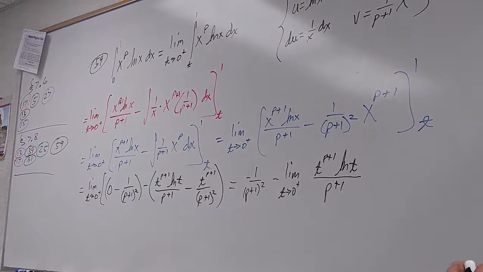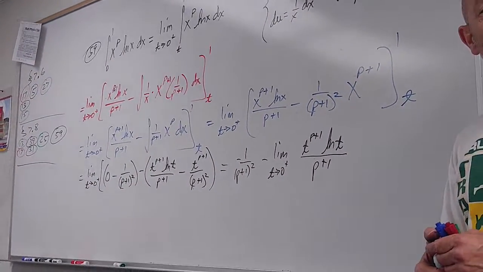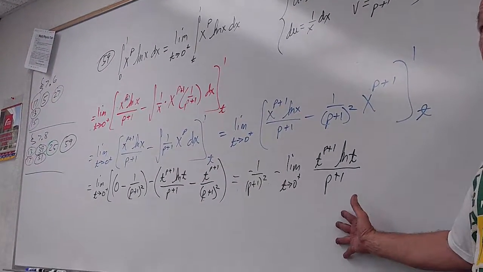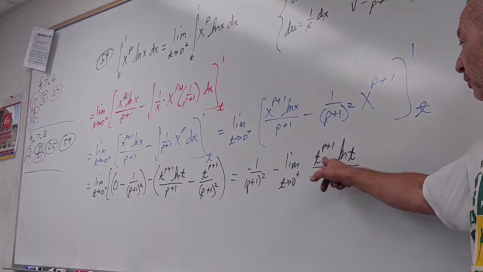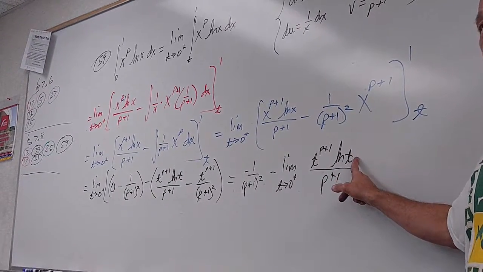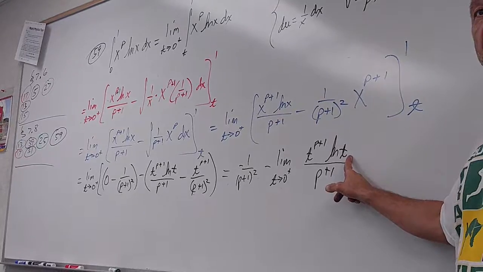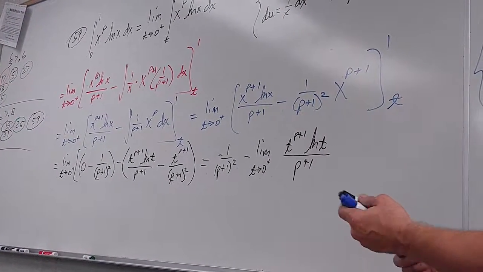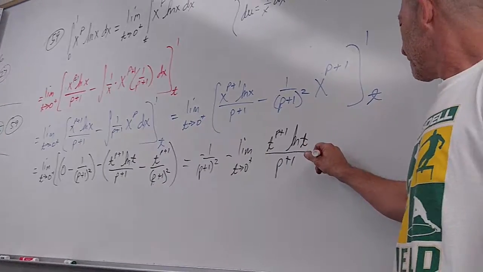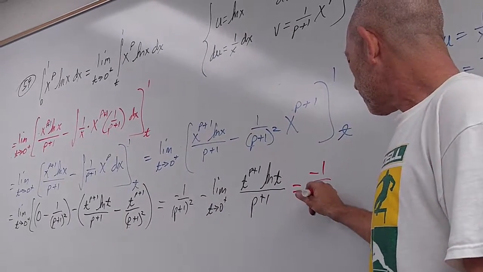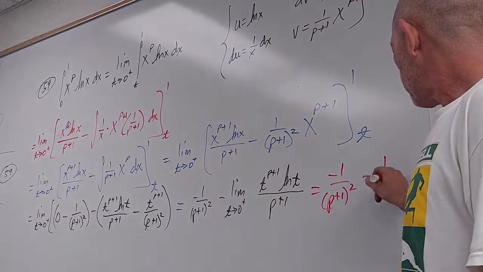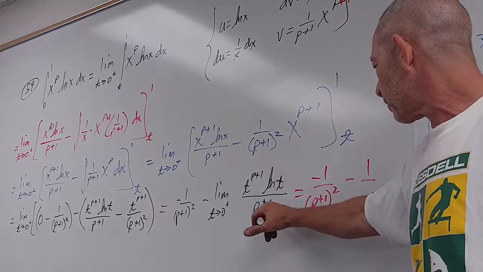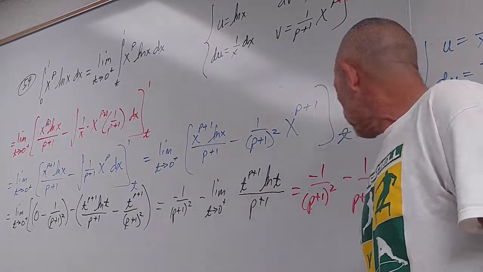How am I doing so far? This is an awful lot of writing and easy to get confused here. Plug in 0. What do you get here? 0 times infinity, and that's an indeterminate form, isn't it? L'Hopital. So minus 1 over p plus 1 quantity squared, minus 1 over p plus 1. I just thought I'd go ahead and factor this constant out in front with the minus sign.